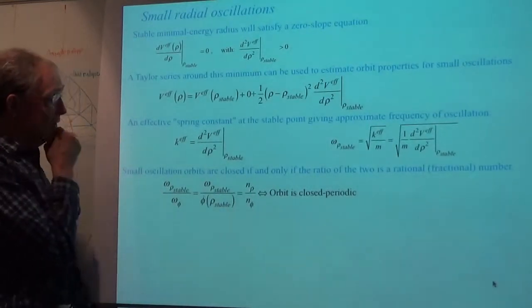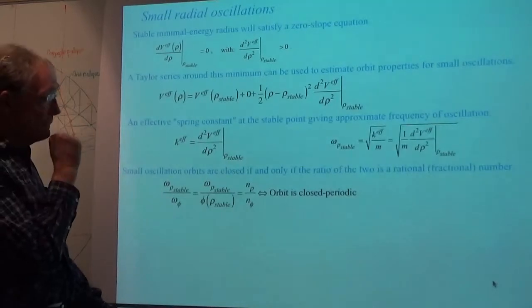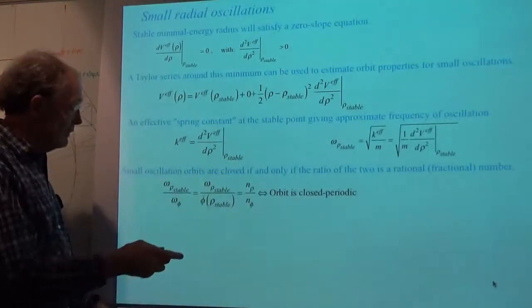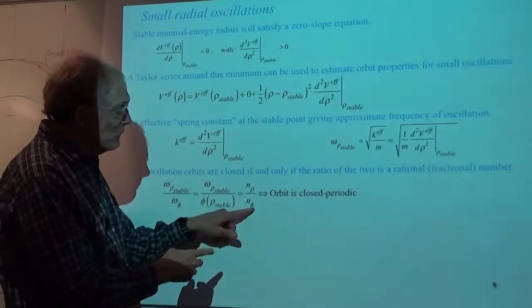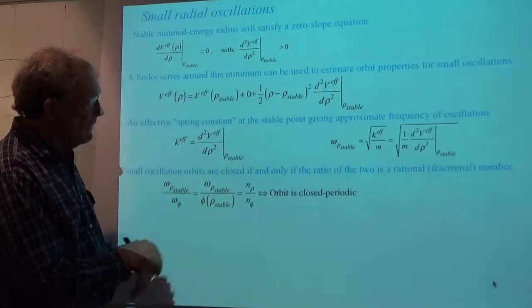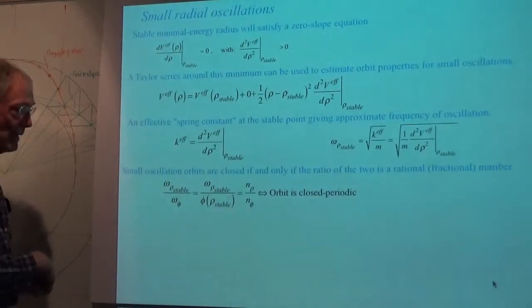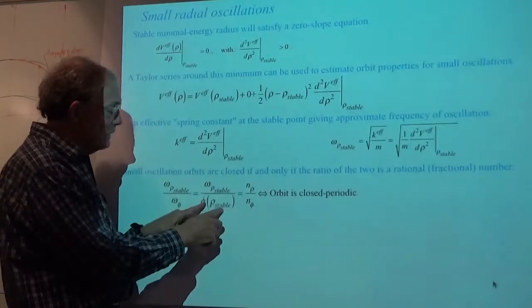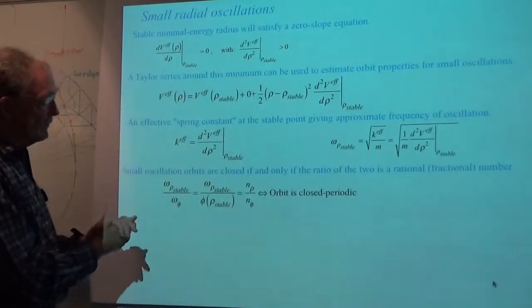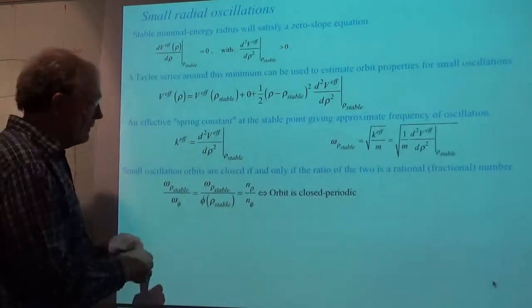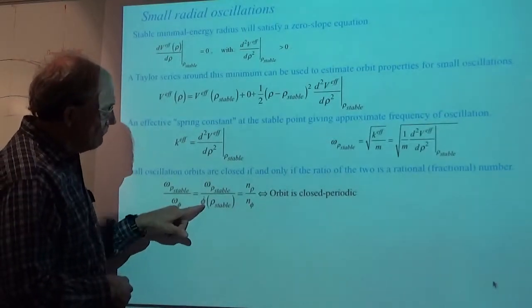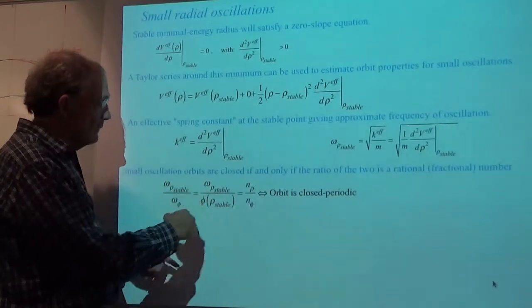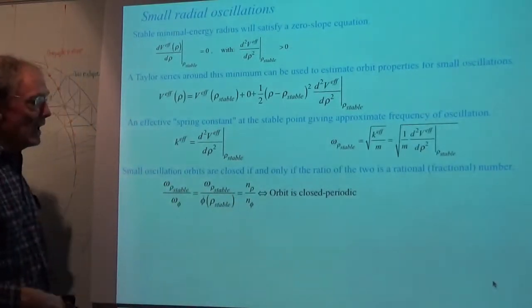So these small oscillation orbits may be closed orbits if the ratio for, say, one variable rate, that is here phi dot, is the frequency that goes with the polar angle, and then this one right here, omega, is the one that goes with the radius in and out.